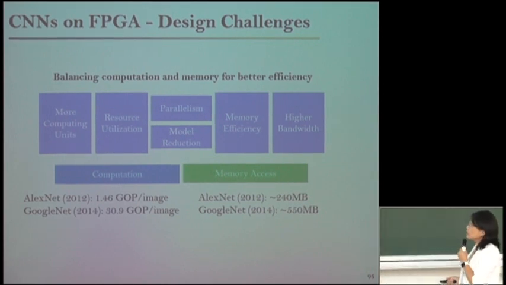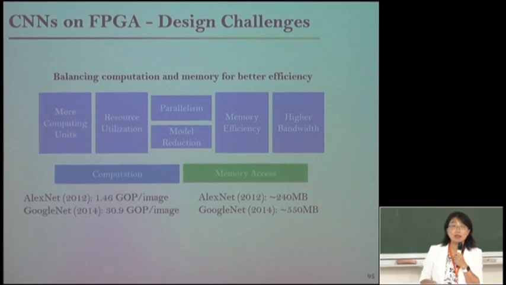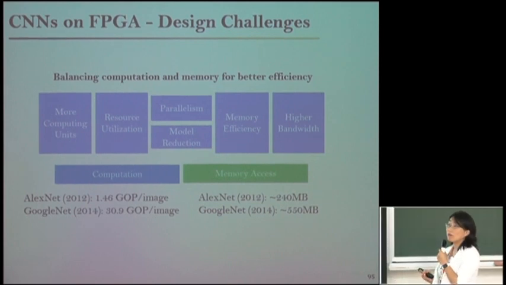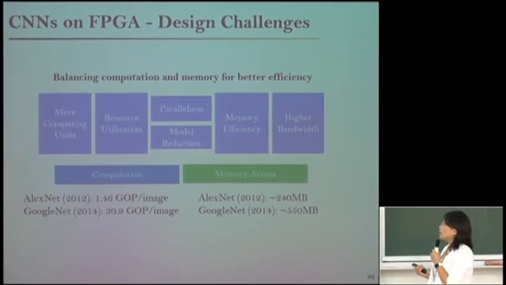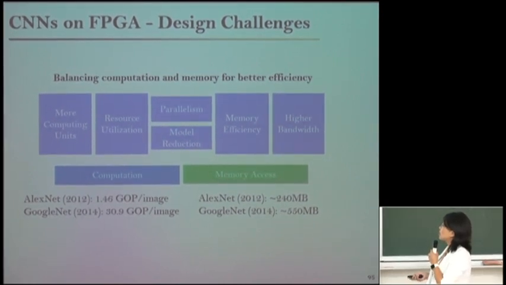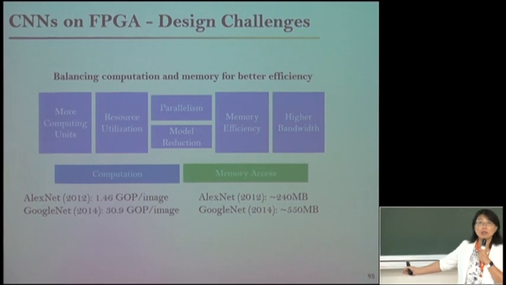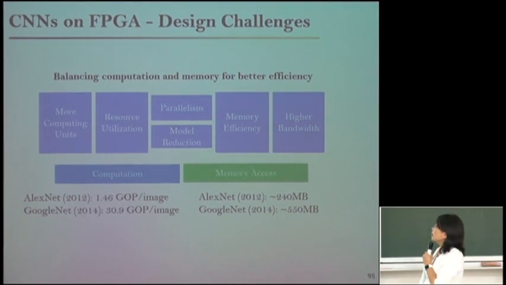So computation and memory access are always two key factors in FPGA acceleration design. From the computation perspective, we like to have more computing units and try to increase the resource utilization. From the memory access perspective, higher bandwidth shall be provided at the hardware level, and when we utilize that, we try to improve the memory efficiency.